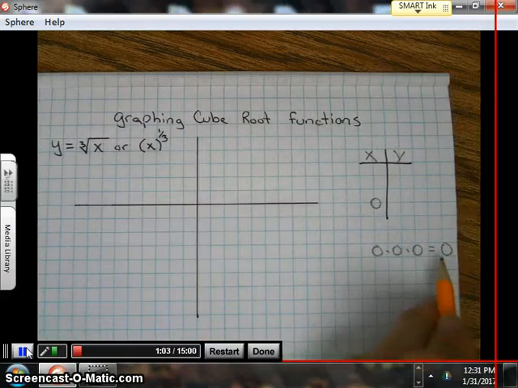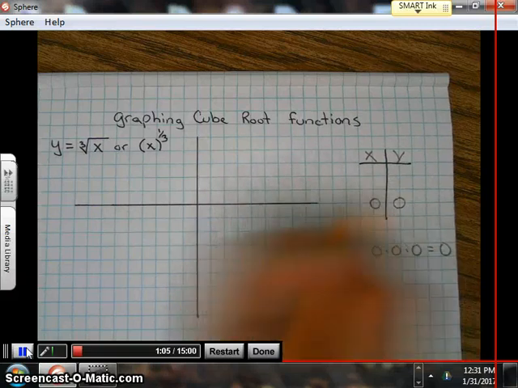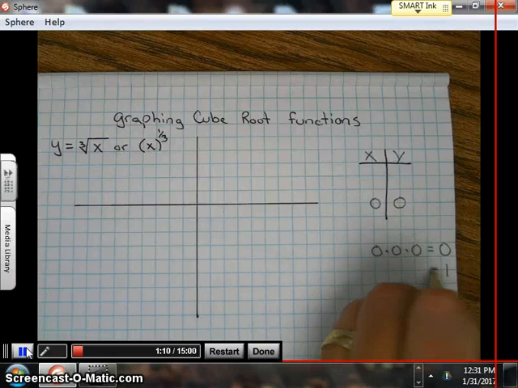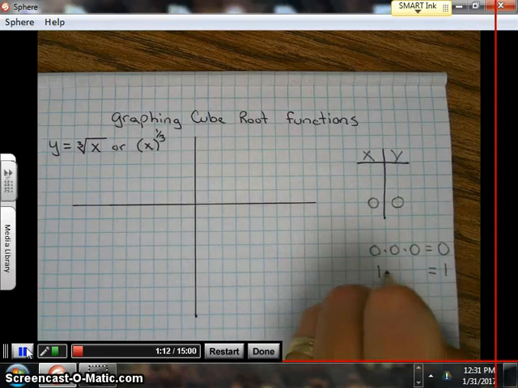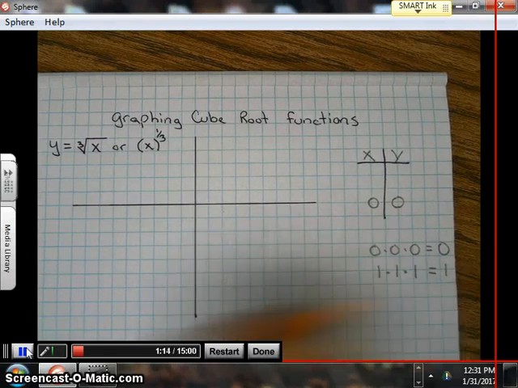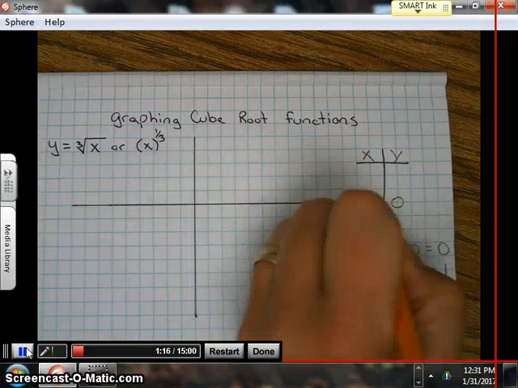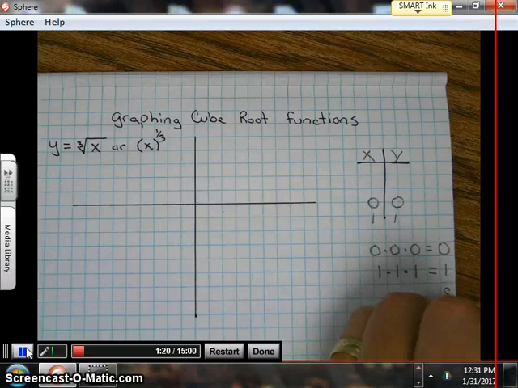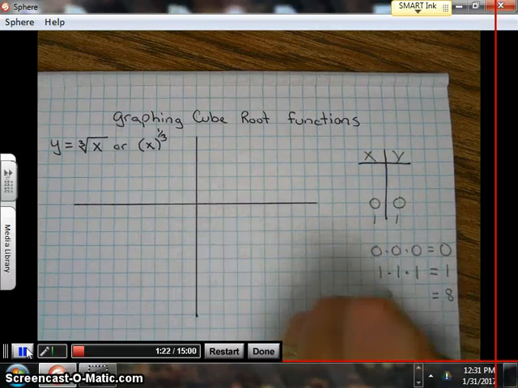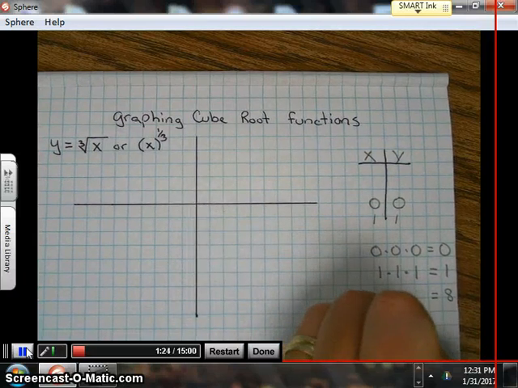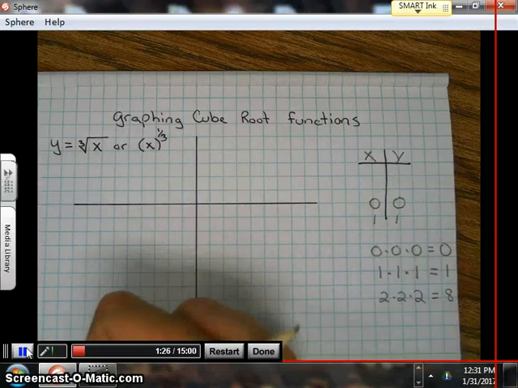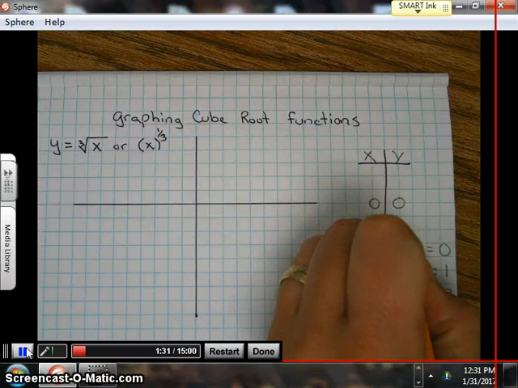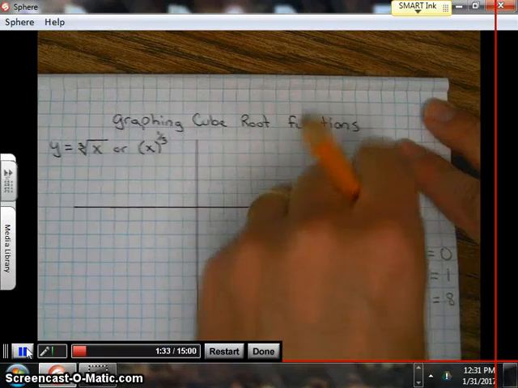So the cube root of 0 is 0. The next perfect cube is 1, because 1 times 1 times 1 is 1. The next perfect cube is 8, because 2 times 2 times 2 is 8. Got those turned around. Sorry.